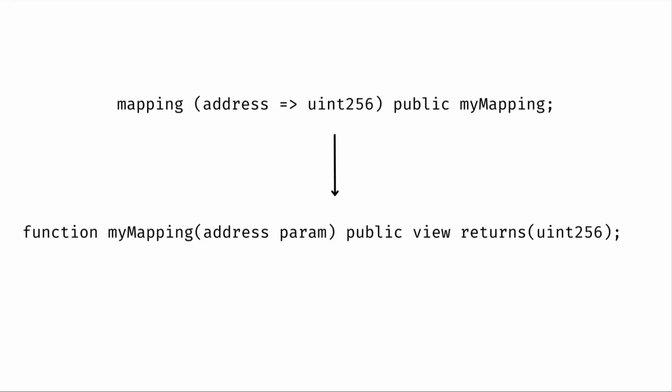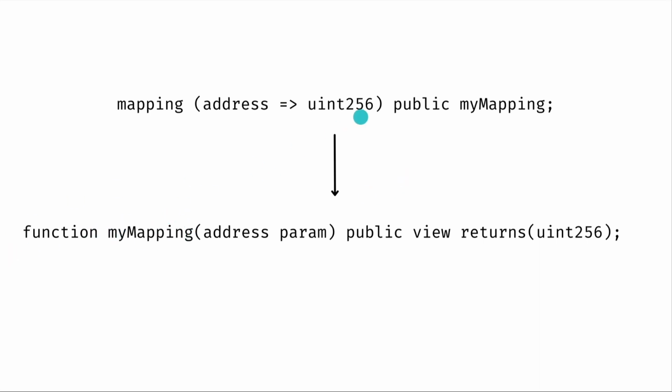Another thing to know is Solidity will automatically create getter functions for your public mappings. If you have a public mapping from address to uint256, you will automatically have a public view function of the same name generated by Solidity. So, for example here, you don't have to create this myMapping view function.